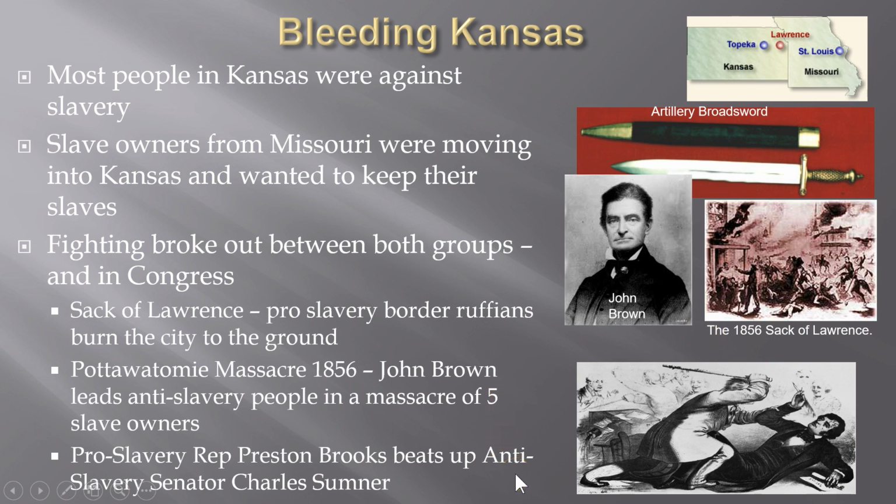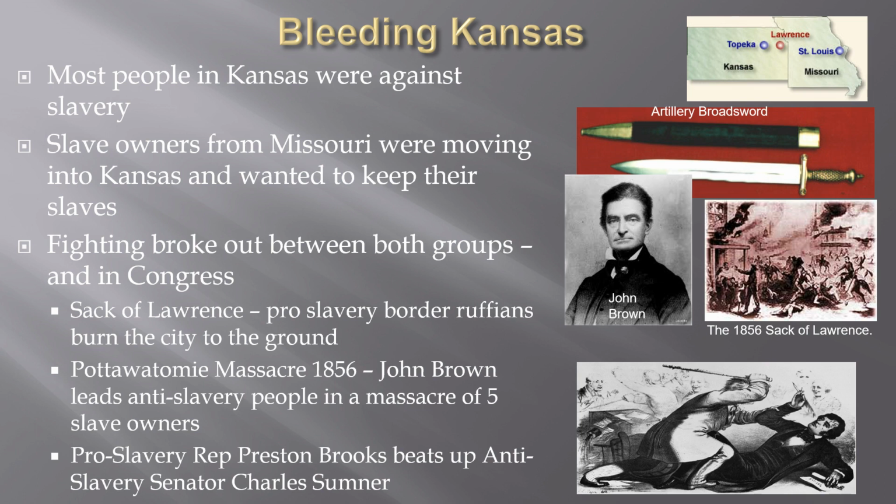You've also got violence that occurs actually in Congress. You've got an incident where an anti-slavery senator named Charles Sumner is giving a speech, and in the speech he's challenging another senator from South Carolina who's pro-slavery.